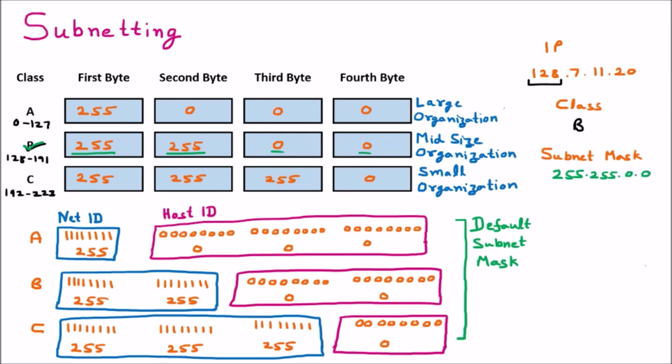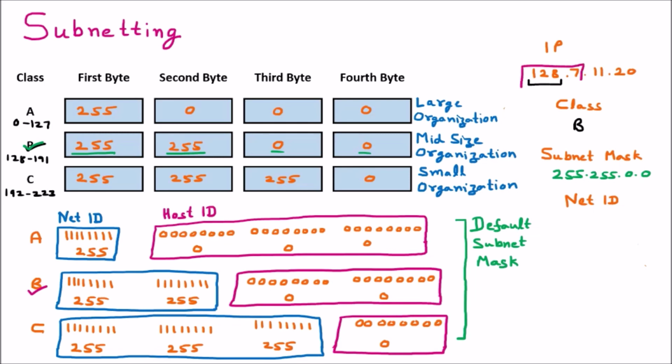Now the next question from this IP is, what is the network ID, or in short, the net ID. So we are going to find out the net ID of this IP. We know that this is the IP of class B. So in class B, the net ID is the first two bytes, that means 128 and 7.